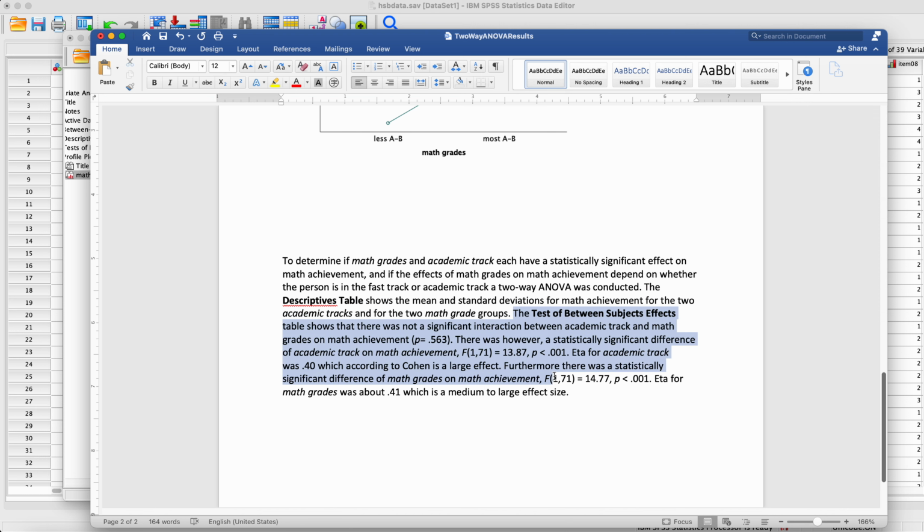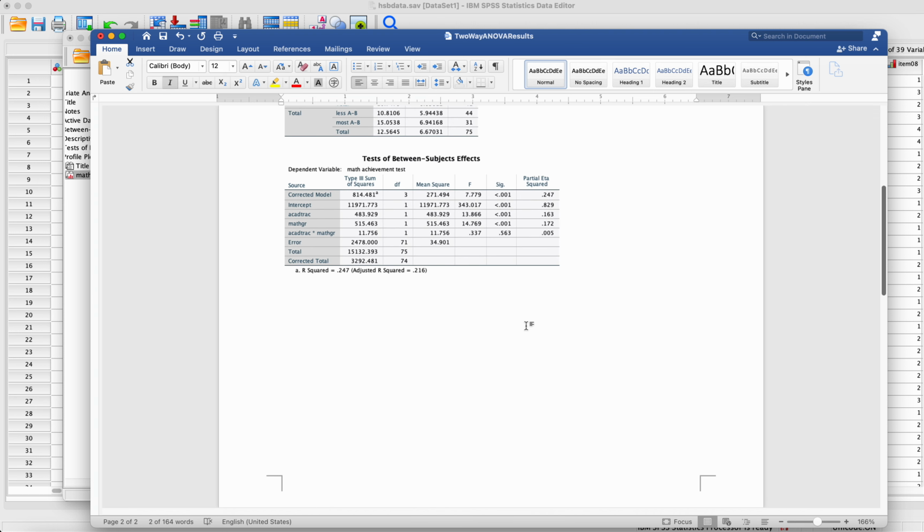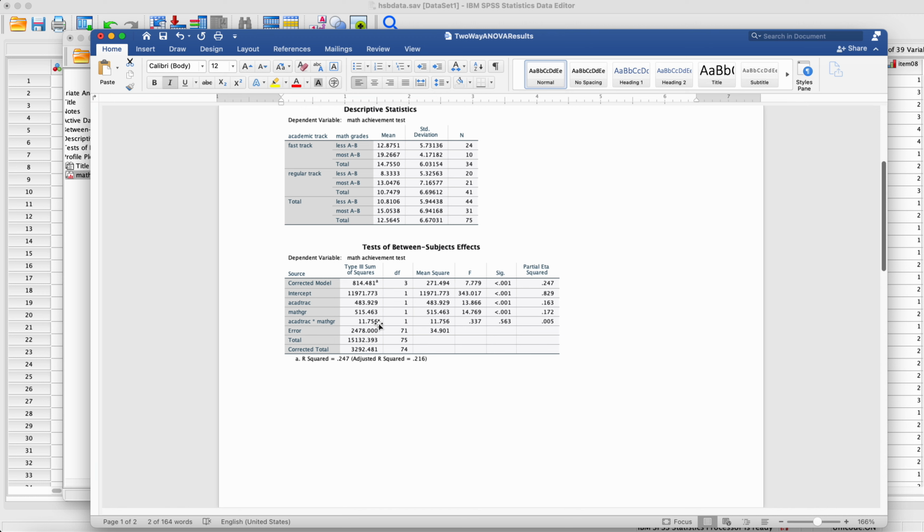And then we get into the meat of the ANOVA. So the test of between subject effects table tells us there was not a significant interaction between academic track and math grades on math achievement. I'm just going to italicize those while I'm here. So what does that mean? That is coming from reporting on the both of them interacting.